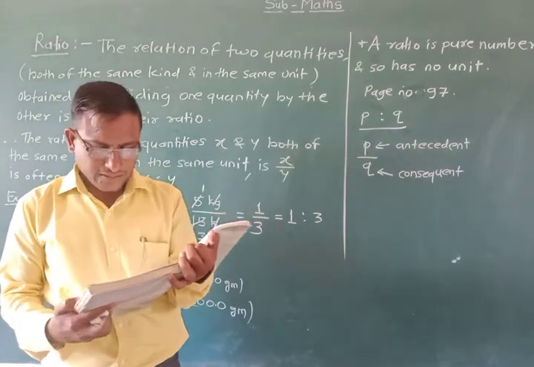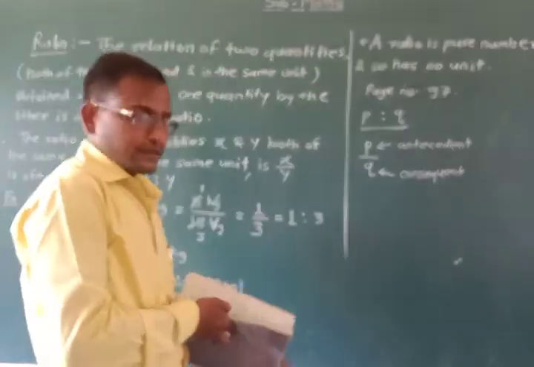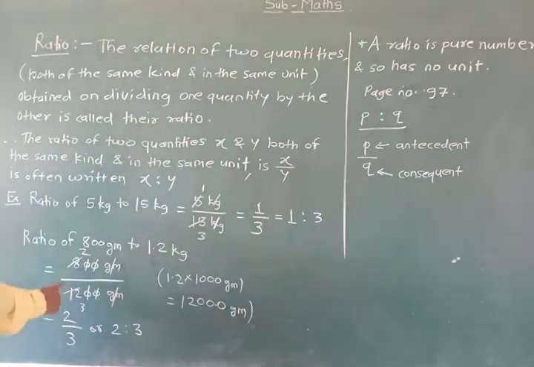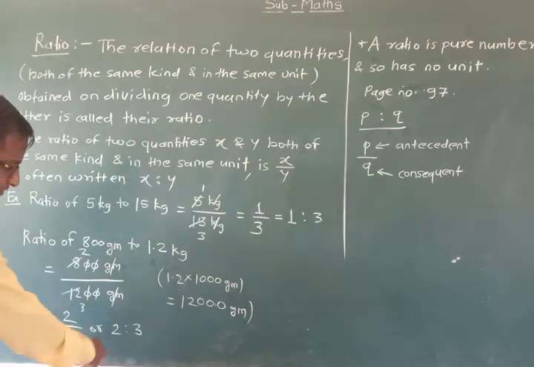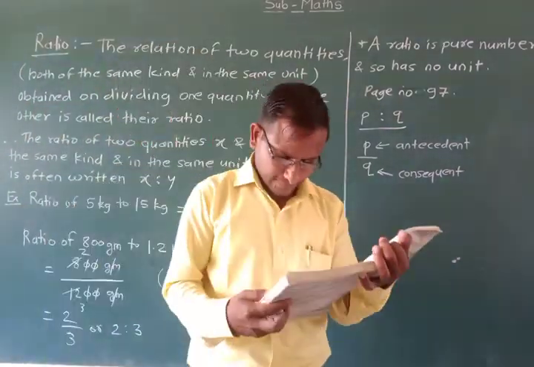A ratio must always be expressed in lowest terms. Here 8 upon 12 is not yet in lowest terms. Both numbers are divisible by the common number 4. 4 2s are 8, 4 3s are 12. So your answer is 2 is to 3 or 2 upon 3.